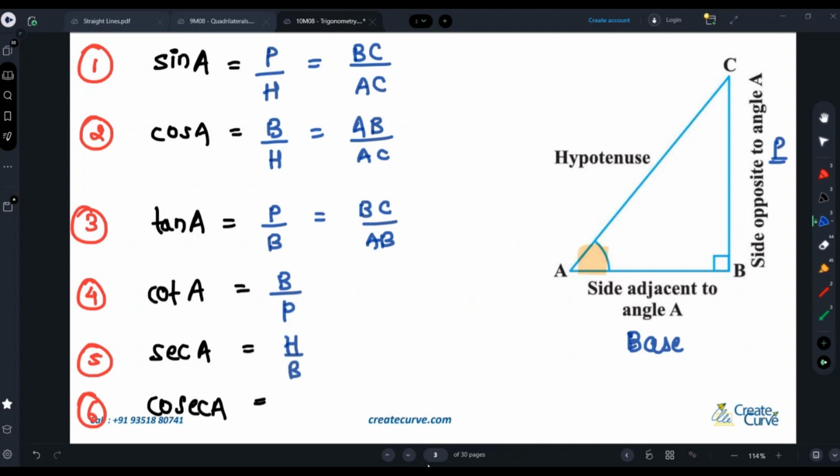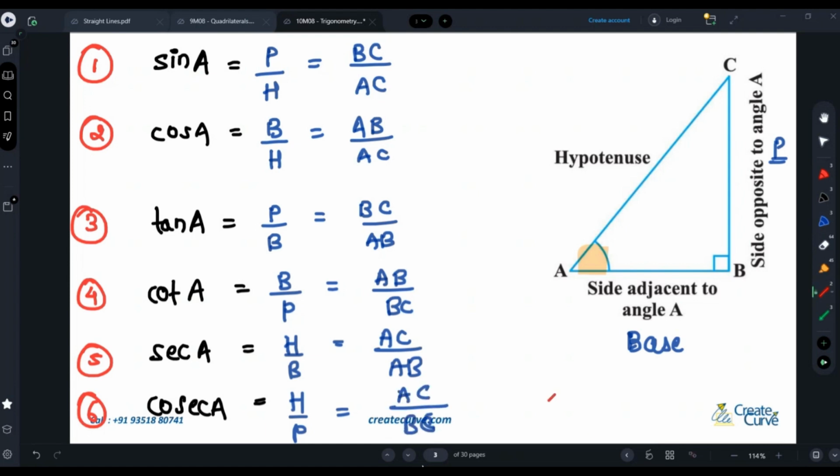So if sine is P over H, cosec will be H over P. Systematically, in terms of sides, cot becomes AB by BC. Hypotenuse is AC, base is AB. And finally, cosec becomes hypotenuse AC over perpendicular BC.